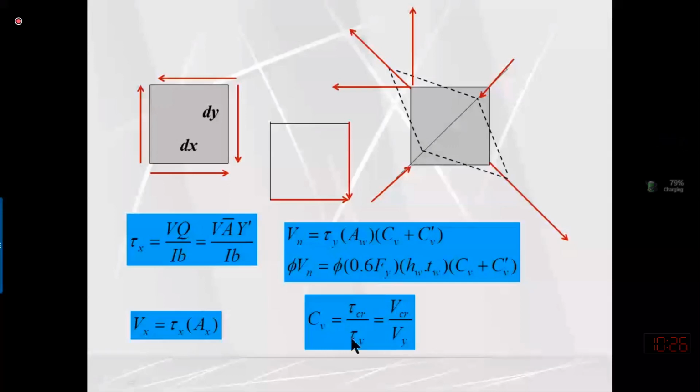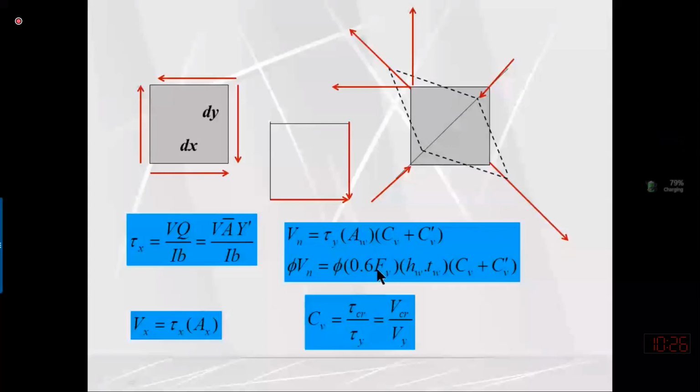Here Cv prime is a coefficient used to convert the yield strength to the buckling strength of the web, a parameter used to determine the shear capacity or buckling strength of the web alone without stiffeners.